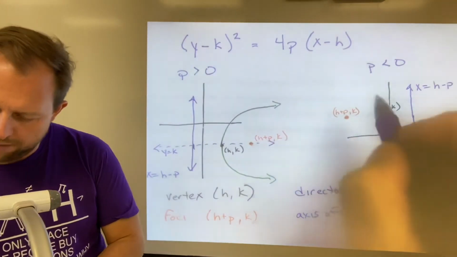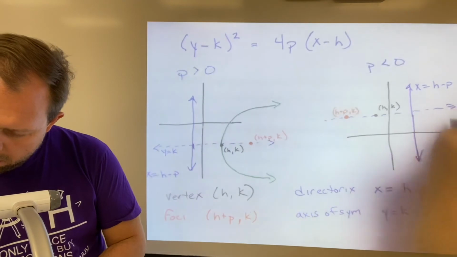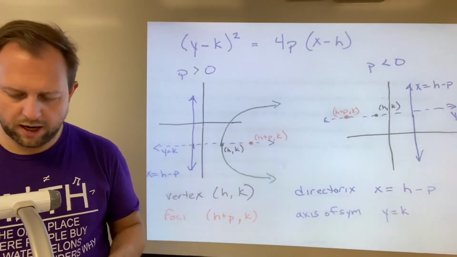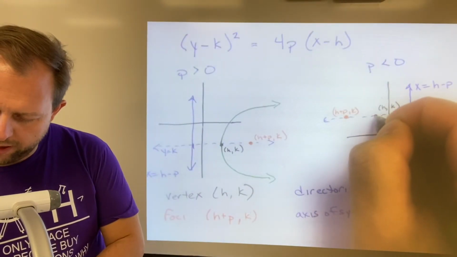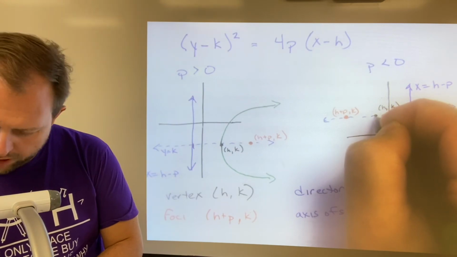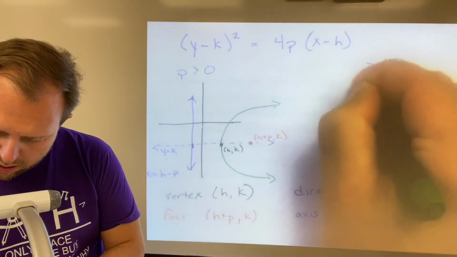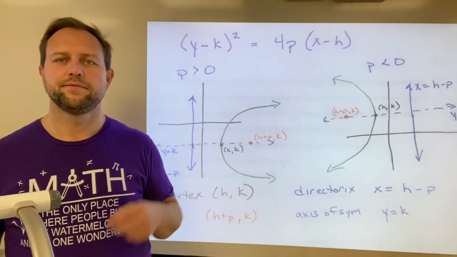And we end up with an axis of symmetry, y equals k, and our parabola starting at the vertex, heading toward the foci, opens like that. Okay?